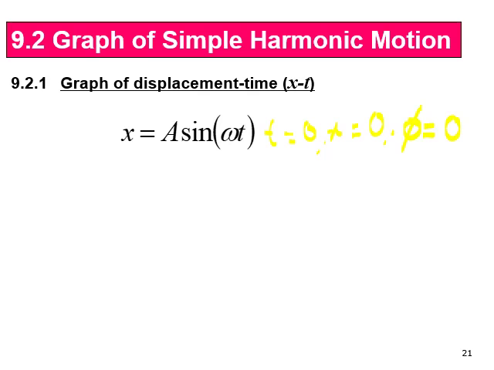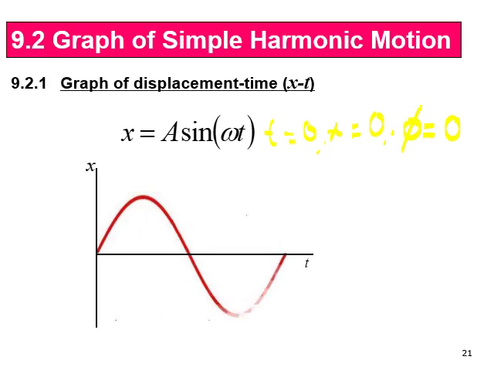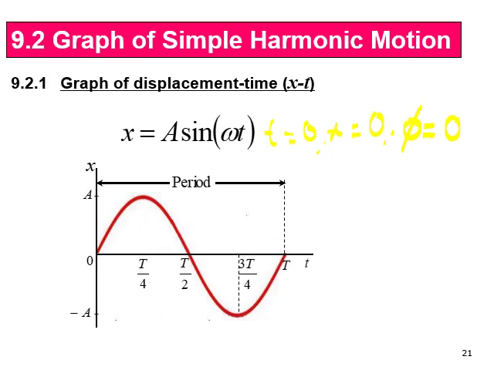So, the shape of the graph for displacement x is a positive sine graph. From the graph, one complete cycle on the x-axis represents the period T, while the maximum displacement on the y-axis, or the peak of the graph, represents the value of the amplitude.